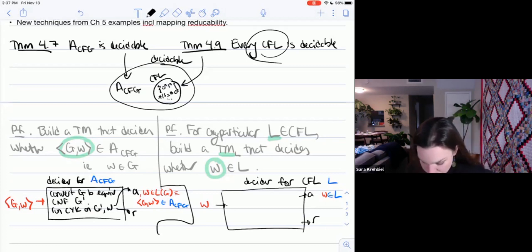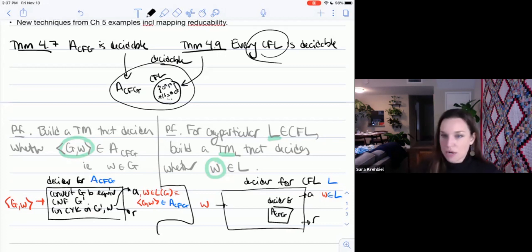So I'm going to reduce this to my decider for ACFG. And I'm not going to fill out what's in there, but what's in this box is the same as what's in this box. Those are the same boxes.